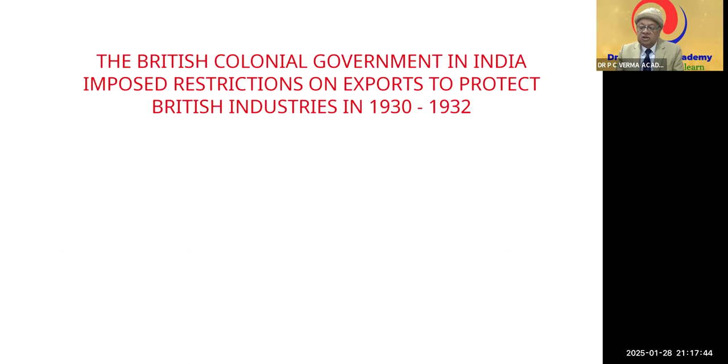The restrictions resulted in widespread unemployment in India, exacerbating poverty and social unrest. This created national movement. The policy fueled the Indian national movement, with many Indians viewing it as an example of British exploitation.